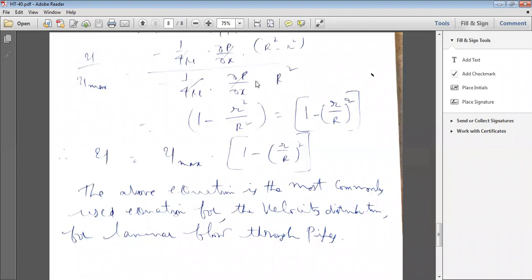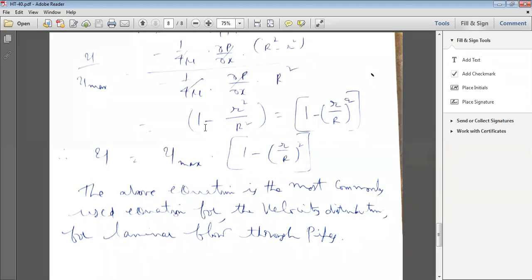So 1 by 4 mu gets cancelled, minus gets cancelled, dou p by dou x gets cancelled, and what will be there? Capital R square minus small r square divided by capital R square. So u by u max is equal to capital R square minus small r square divided by capital R square.